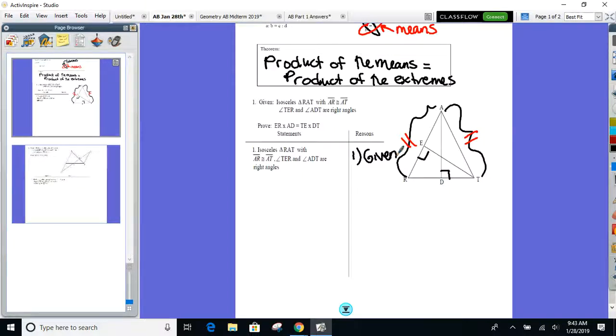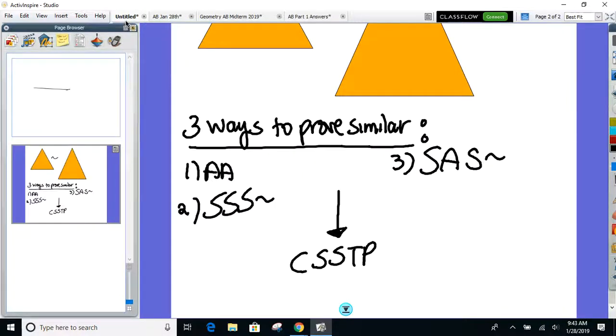All righty. Look at the proof statement. Everyone see we're going to multiply segments? So that signals multiplying, product of the means and extremes. But hey, guys, we cannot even write that down until I know what about the triangles? Similar. I have to prove triangles similar first before I can say the means and extremes are equal.